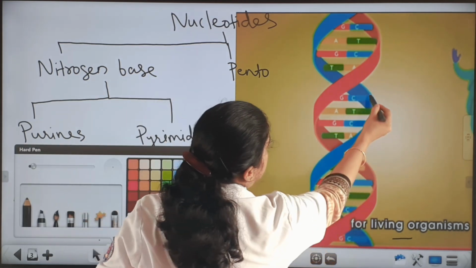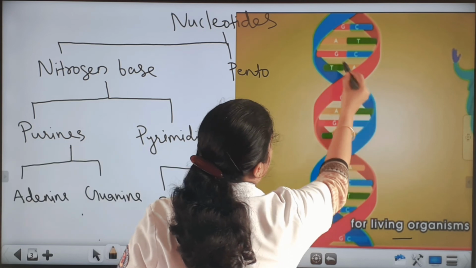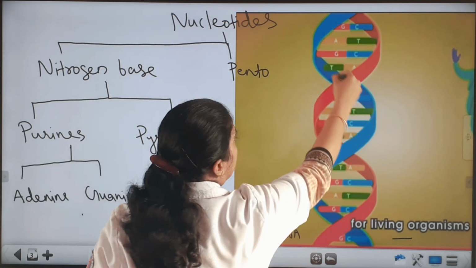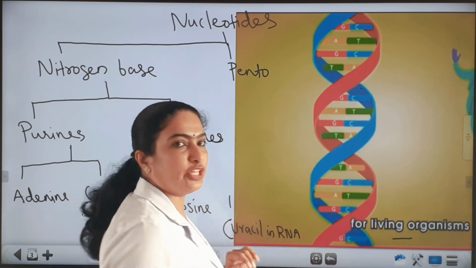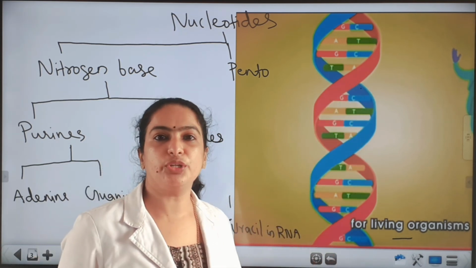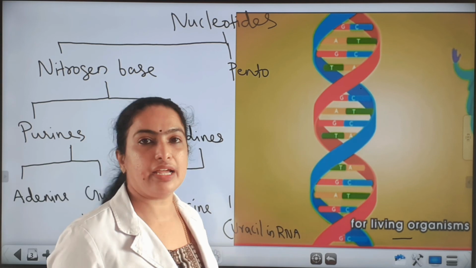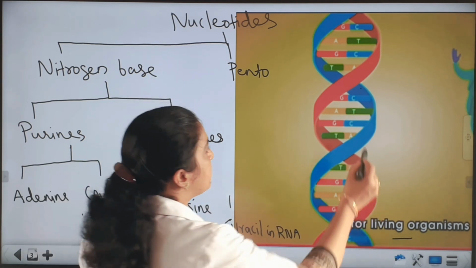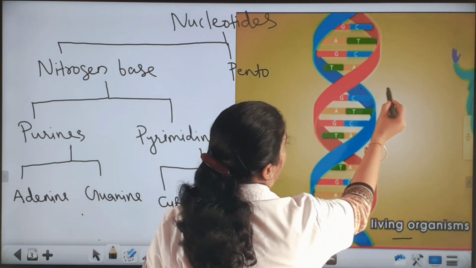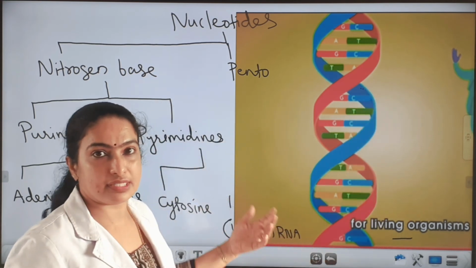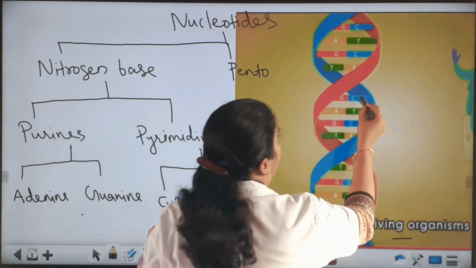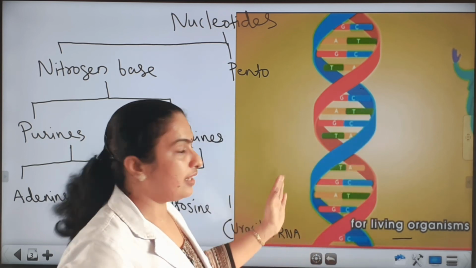This blue color is one polynucleotide and this red color is another polynucleotide. Two such polynucleotides form this double strand DNA. This color is given to distinguish between the two, and actually it is not blue and red in color.